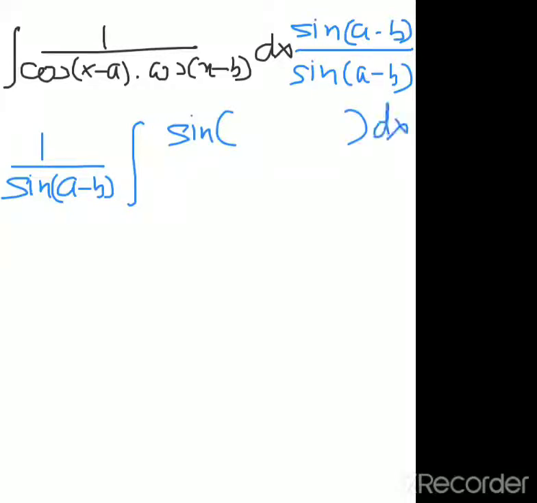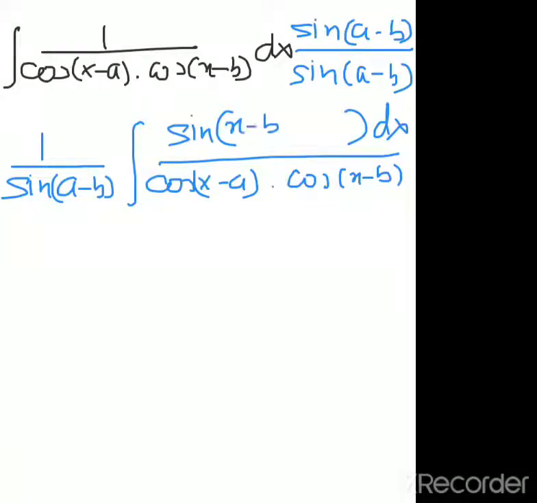What or how I could write it, that we are going to see, upon cos(x minus a) into cos(x minus b). Now I am writing sin(a minus b) as (x minus b) minus (x minus a).